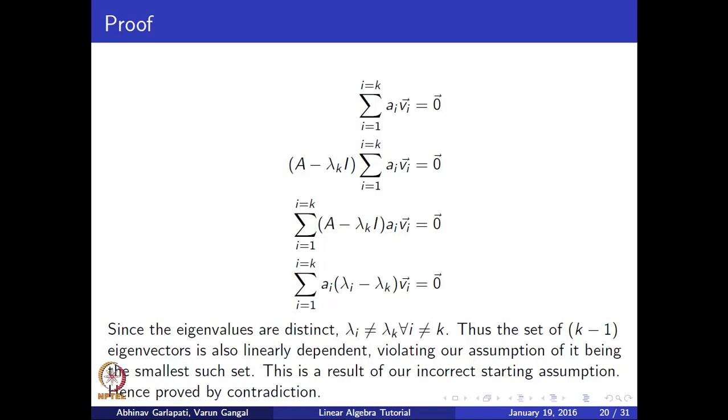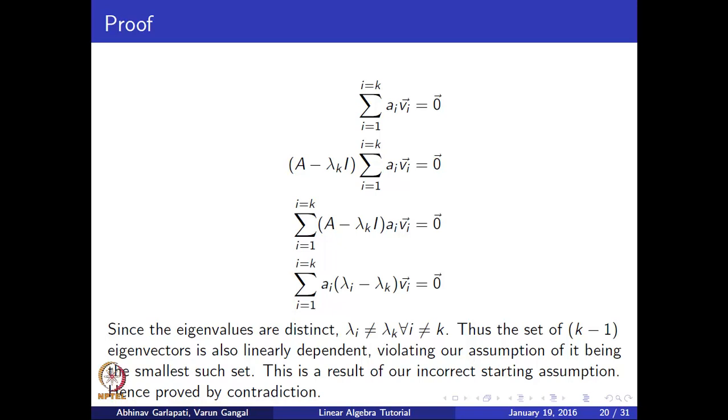However, now we can think of Ai times (lambda_i minus lambda_k) as a new constant Bi. This means now that we have a summation running from i equals 1 to i equals k minus 1, such that the sum of Bi Vi equals 0.